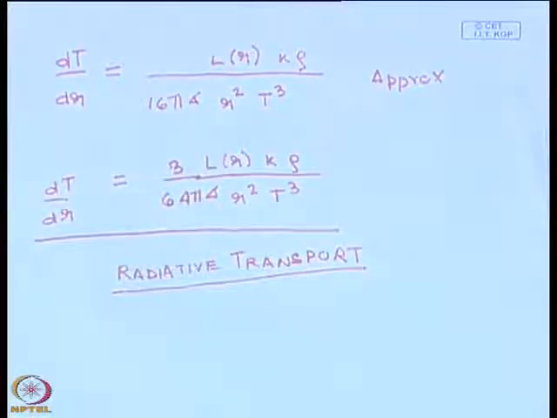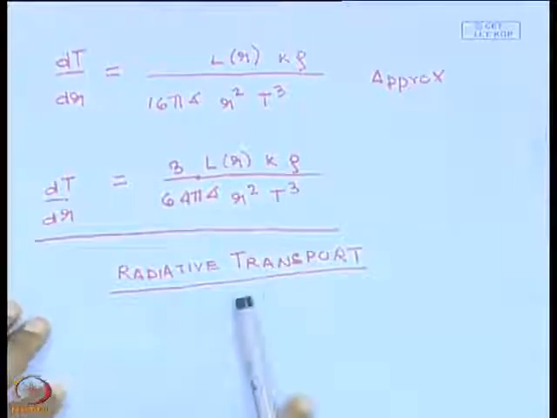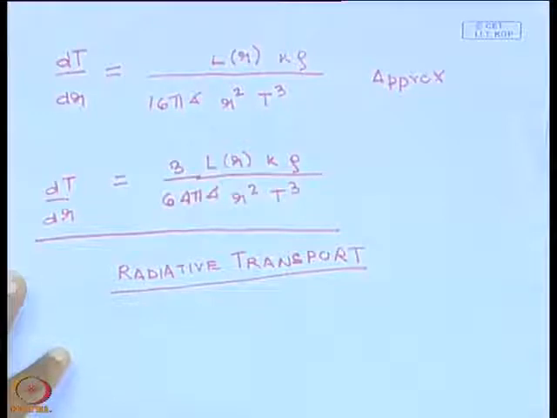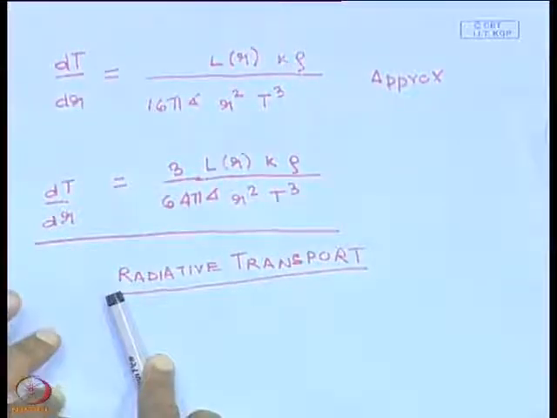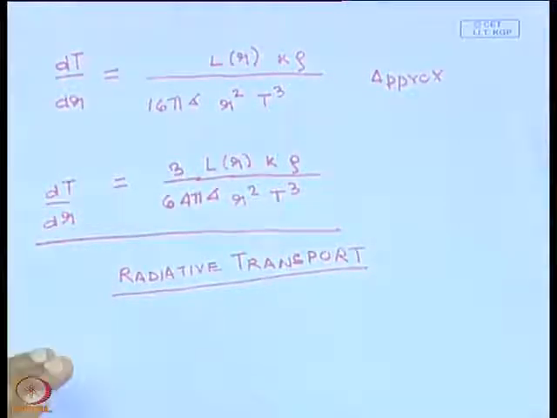Now, this is only one of the possible energy transport mechanisms, where the energy is transported by radiation propagating outwards. There is another possible energy transport mechanism, which is convection. So, let me now take up for discussion convective energy transport.